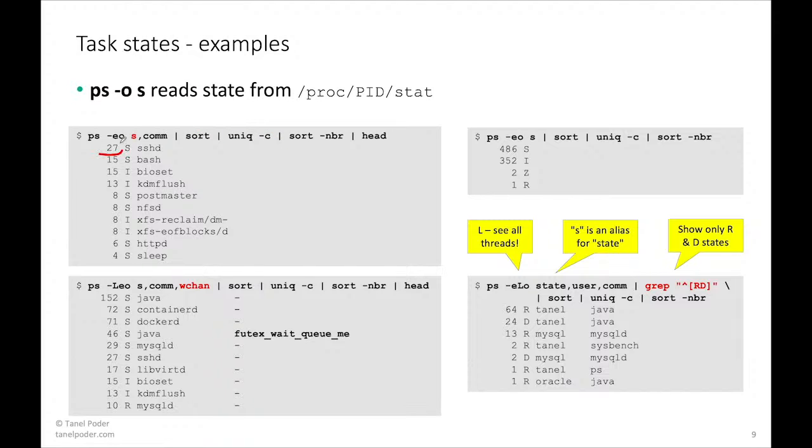You see, we have 27 processes in this case that happen to be in sleep state by this program, sshd, right? And this is like an order by, show me the biggest number of processes first, and this is like limit 10. It's like very poor man's SQL.